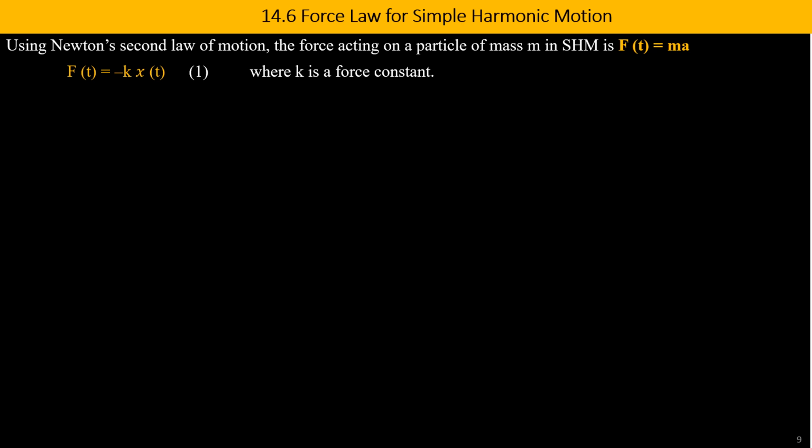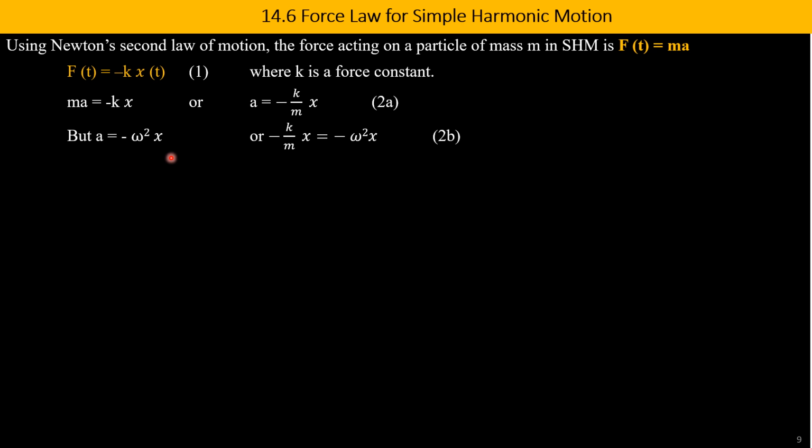Let it be equation 1. Therefore, substituting for force from Newton's second law of motion, we know F is equal to MA. So we can write F as M into A, and the right hand side of the equation as it is. Therefore, MA is equal to minus K into X. Or rearranging, we get A is equal to minus K by M into X. Let it be equation 2a.